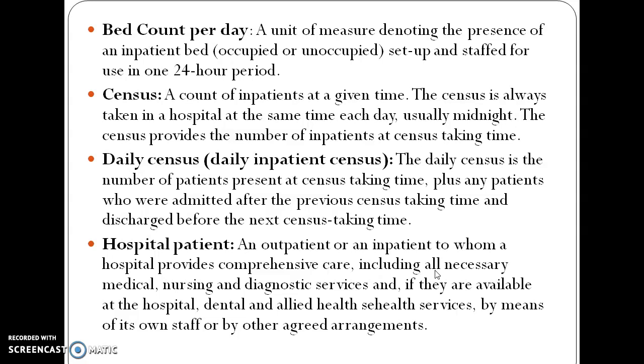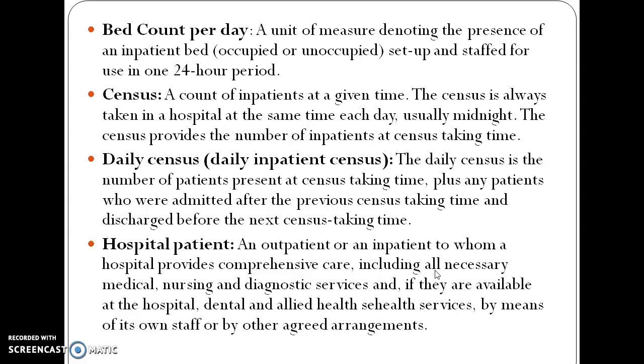The next is the daily census, that is, the daily inpatient census. The daily census is the number of patients present at census taking time, plus any patients who were admitted after the previous census taking time and discharged before the next census taking time.